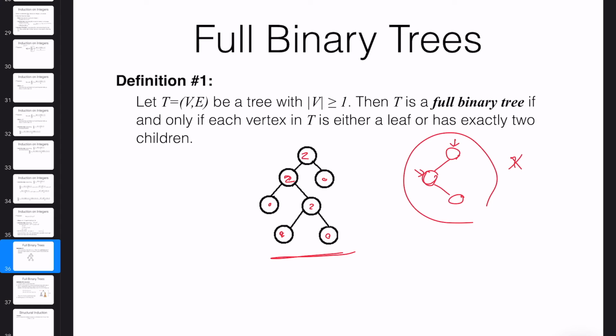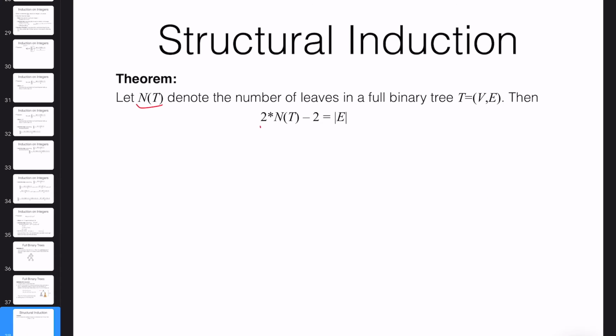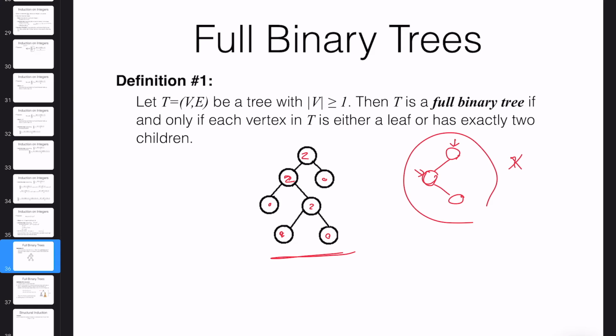And what does that formula tell us? The theorem tells me that 2 multiplied by the number of leaf nodes minus 2 is equal to the number of edges. How many edges do you have here? The number of edges here is 1, 2, 3, 4, 5, 6, right?